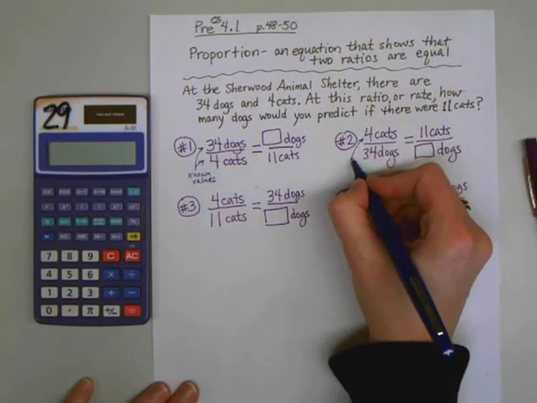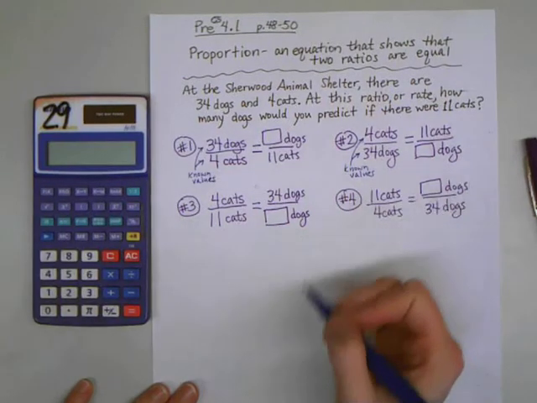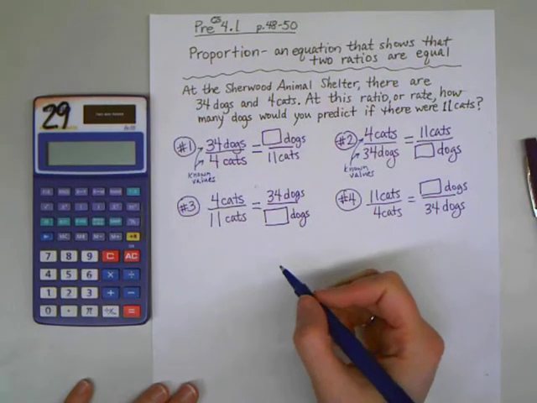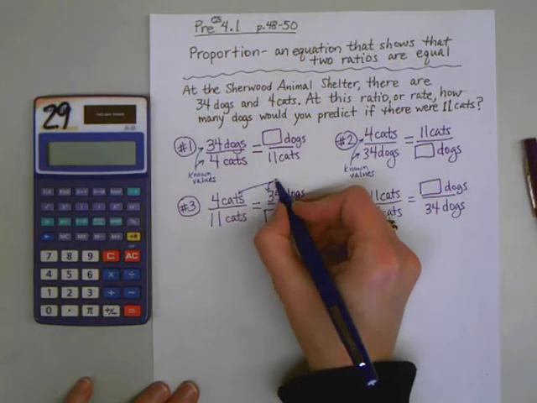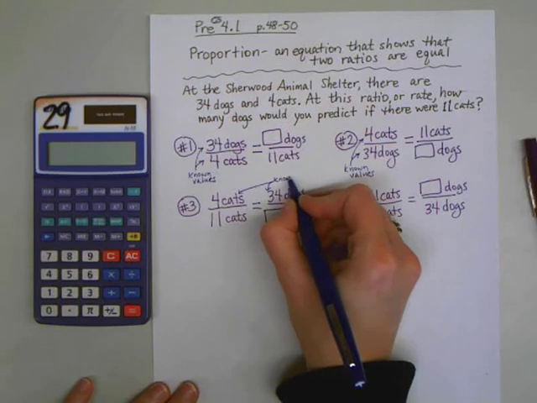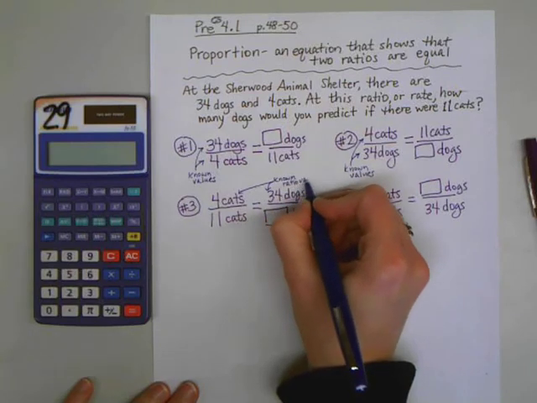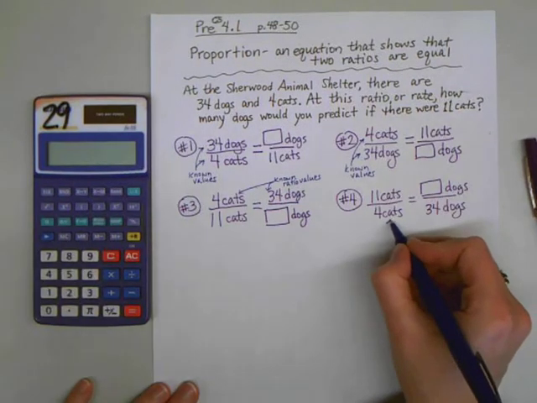And again, they're on the same side, but in different positions. On the third and fourth ones, the known values are found left and right. And on this one, they are found at the bottom.